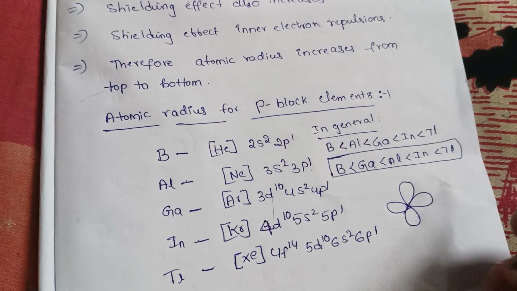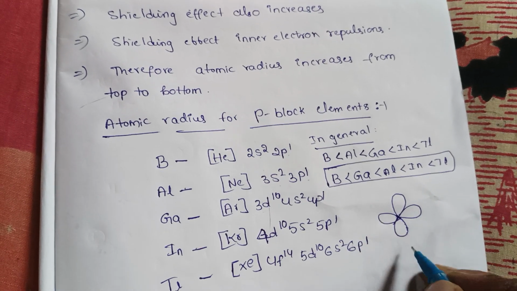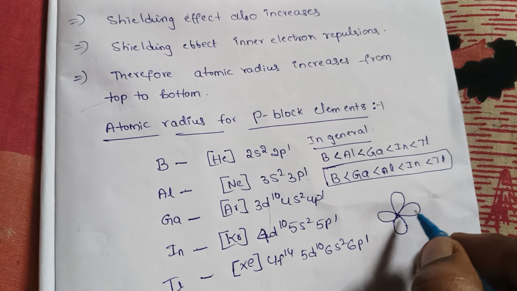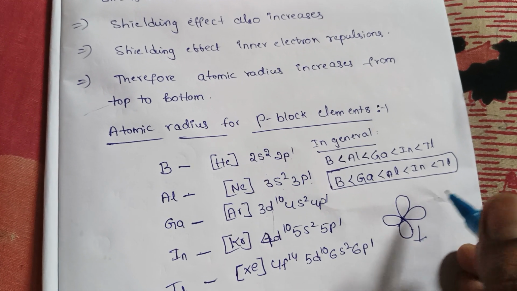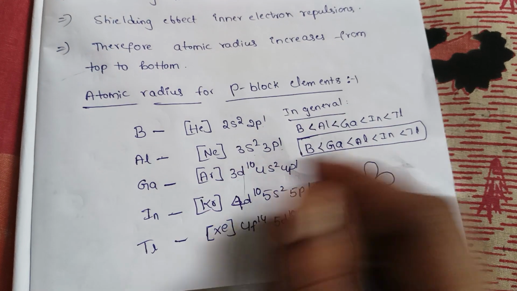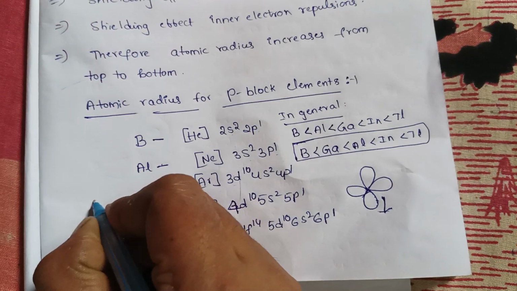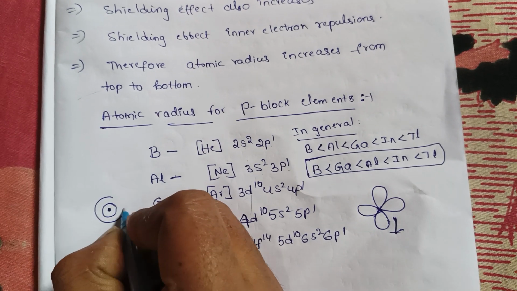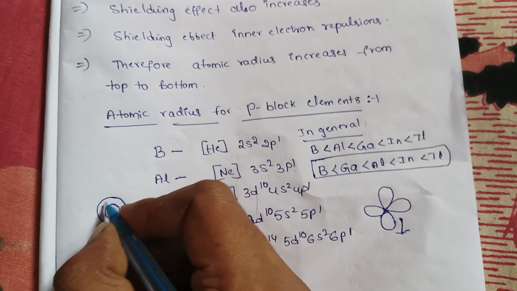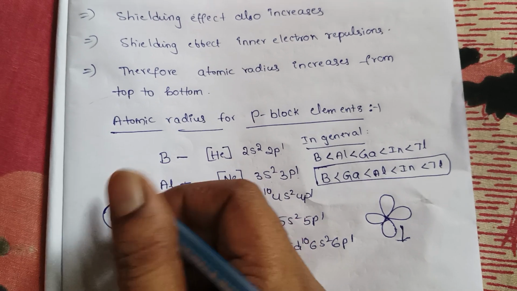Diffused means large. Whenever d lobes are large, the electrons are easy to move. Actually, this is the nucleus. The first shell acts as shielding.